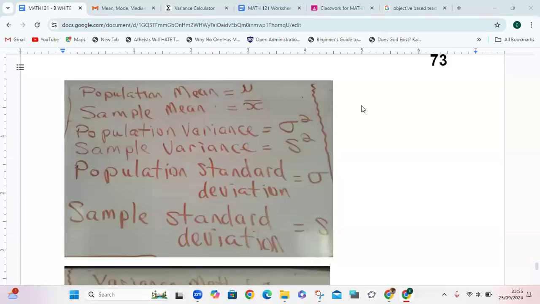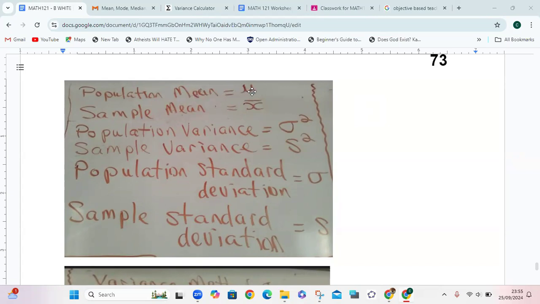Before we move on to the calculation of variance and standard deviation using both methods, let's just take a brief pause to talk about the symbols that are used to replace key descriptive measures. Population mean, we are familiar with it already.